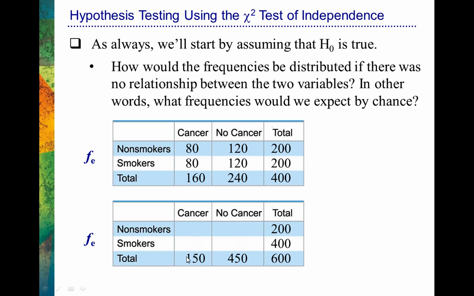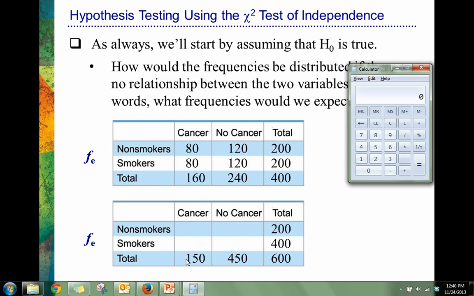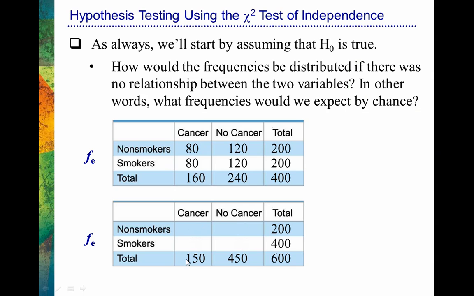So that would mean that if there's no relationship between smoking status and cancer status, these 150 cases of cancer should be distributed using these same proportions. 1/3 of those cases should go to the non-smokers, 2/3 to the smokers. 1/3 of 150, you might be able to just see in your head, is 50. And if we didn't see it in our heads, we could always just take 150 and divide by 3. We can see that it equals 50.